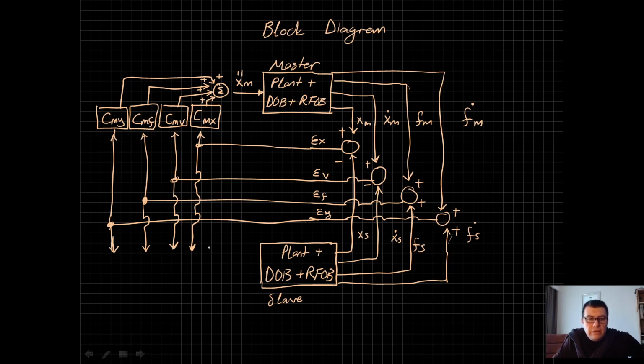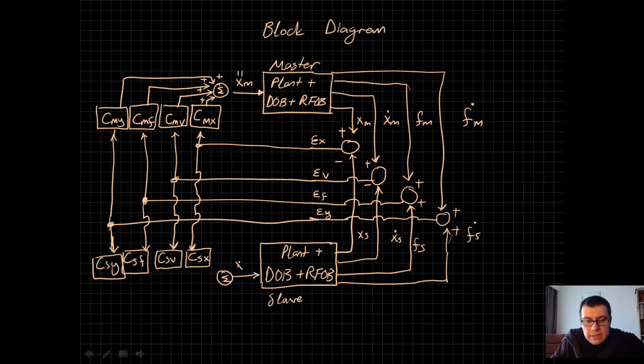Similarly, we have here C slave in X as a scale, as a coefficient, C slave in velocity, C slave in force, that's the third coefficient we have, and finally C slave in Young, that's the fourth coefficient. So these four coefficients are also being summed up at the summation point to yield our X slave double dot desired.